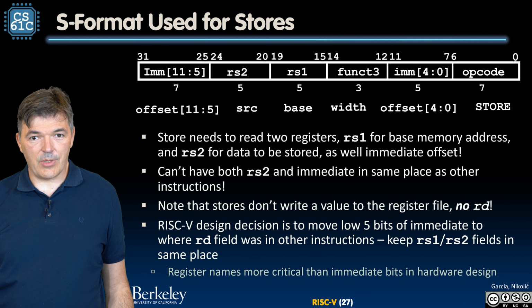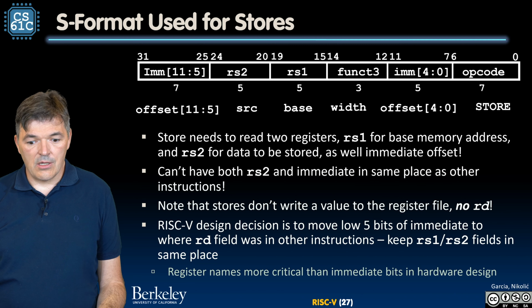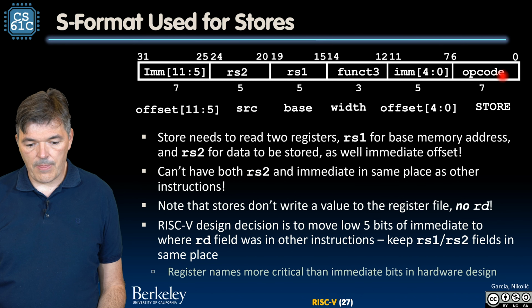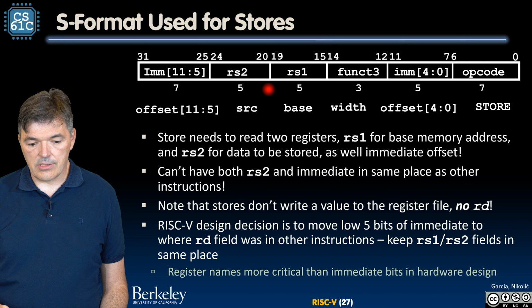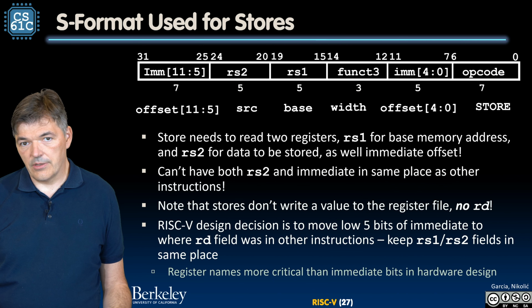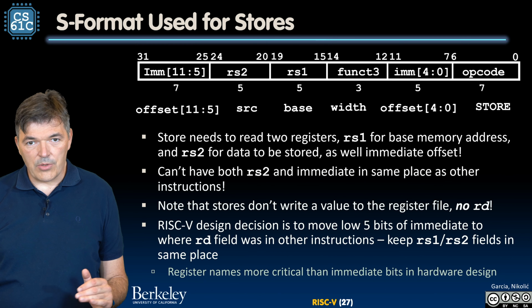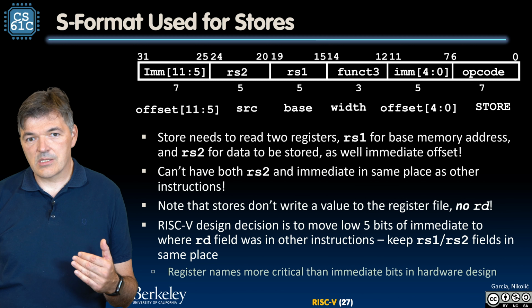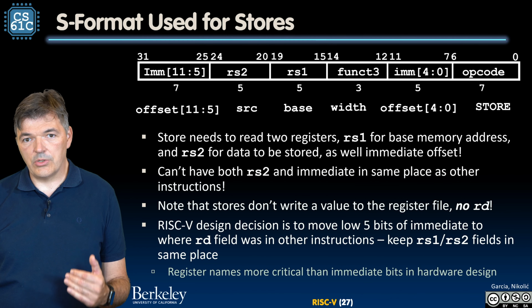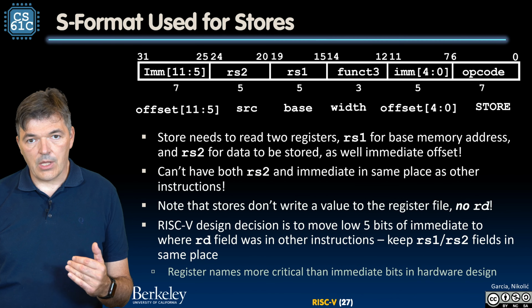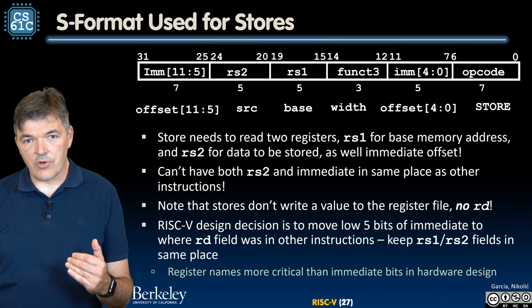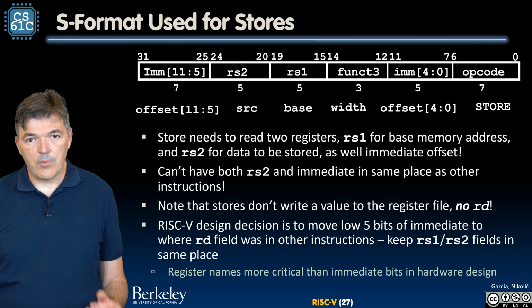So our instruction format needs to have space for the opcode, RS1 and RS2, the immediate value, and the func3 field to support different kinds of stores. But what is important to notice is that we always want to keep the locations of registers in the same place in our instruction, because those are important.